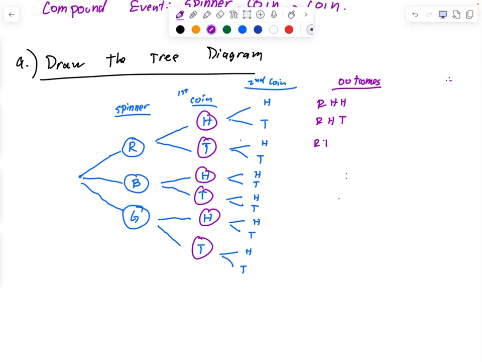BTH, you're correct. BTT. GHH. GHT. GTH. GTT. Counting them up, 1, 2, 3, 4, 5, 6, 7, 8, 9, 10, 11, 12 outcomes.